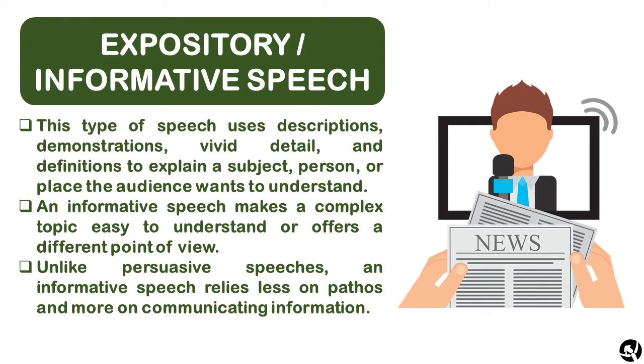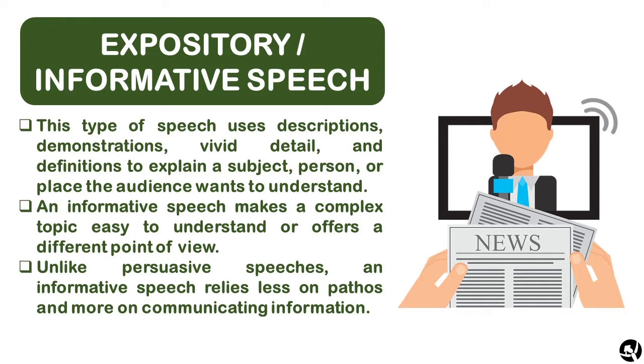It may demonstrate how to use a new type of software, explain a new concept in the field of science, describe an expedition an archaeologist took, or provide details about a person of interest that the audience wants to learn more about. The topics covered in an informative speech should help the audience to understand a subject better and to remember what they learned later.